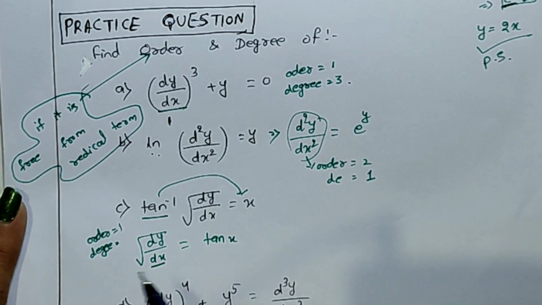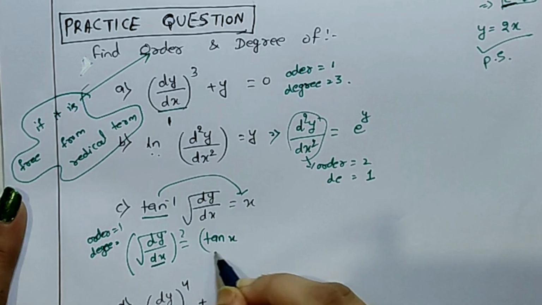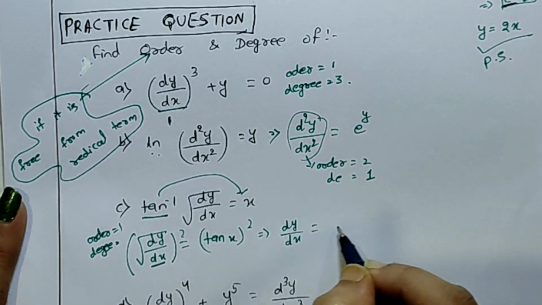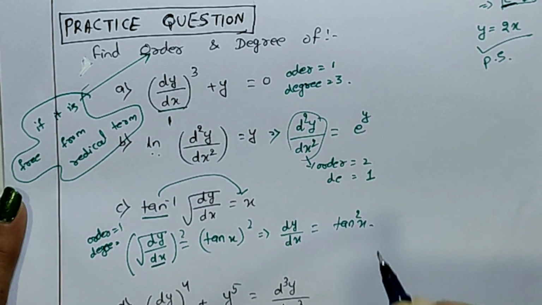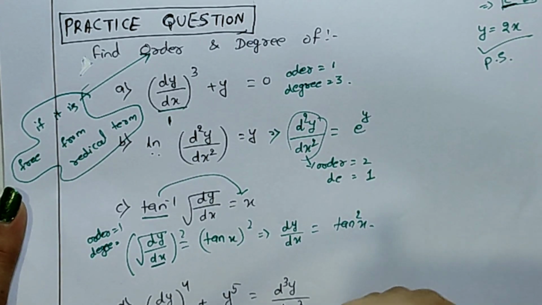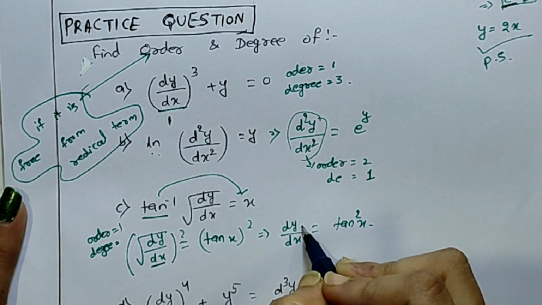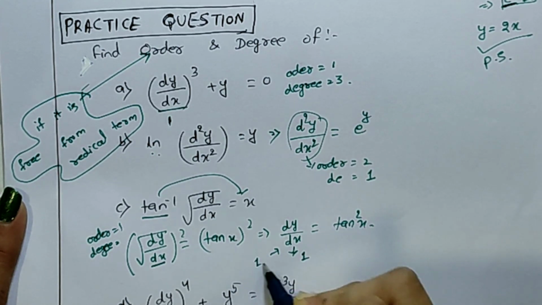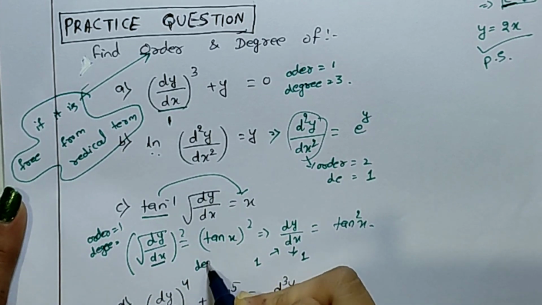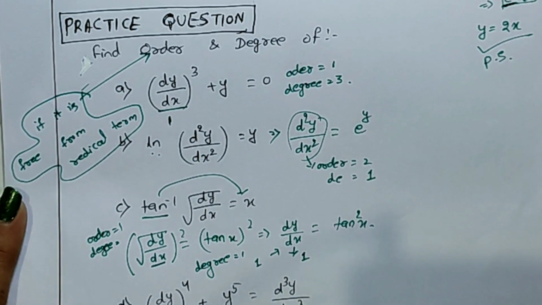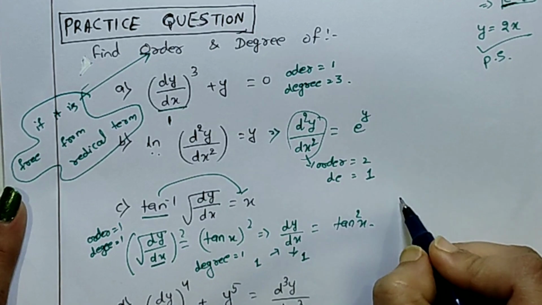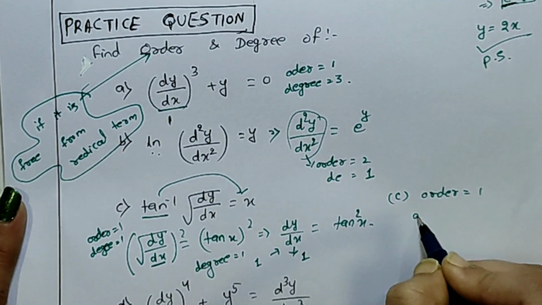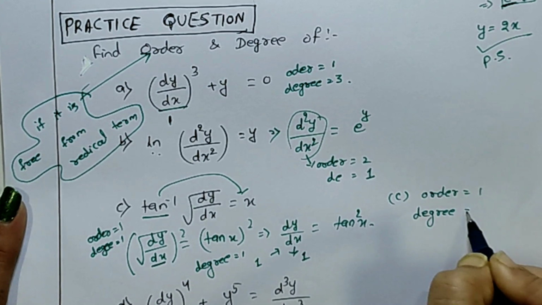So I have to take the square on both sides. Then I get dy by dx is equal to tan square x. Now this is a derivative of order 1 and degree 1. So in question C, order is 1 and degree is 1.